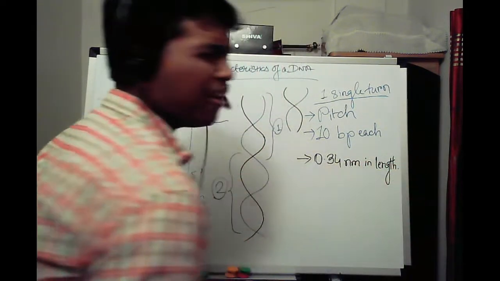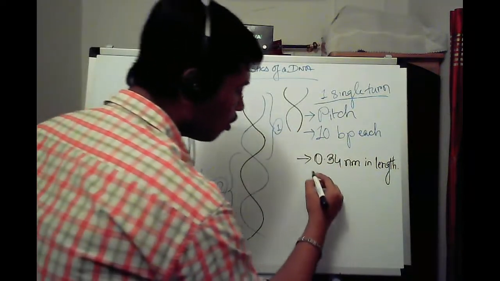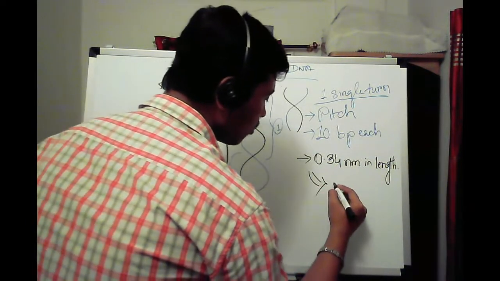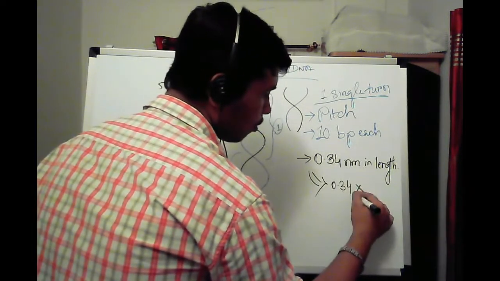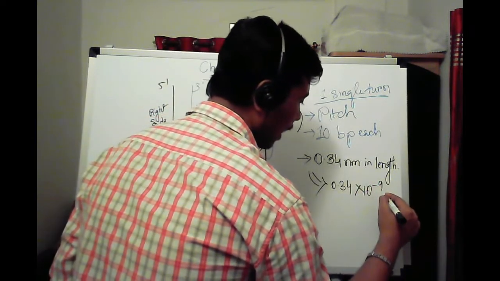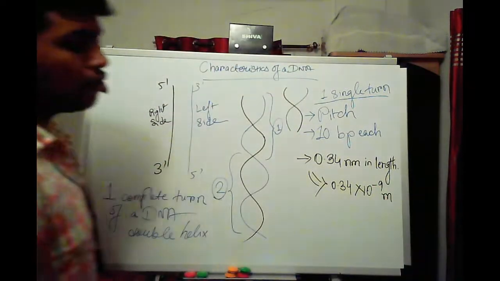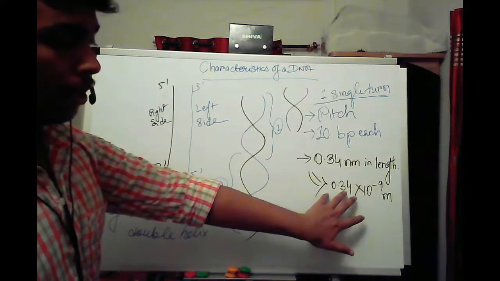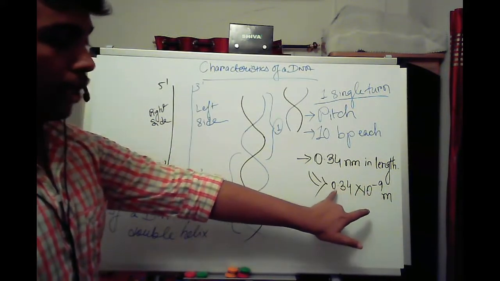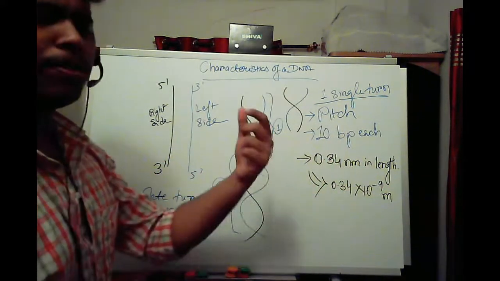Very small. How small? You can always guess it through this. 0.34 nanometer is 0.34 times 10 to the power minus 9 meters. So you have to divide this by 10 to the power 9 to get the meter reading. So it's pretty small.